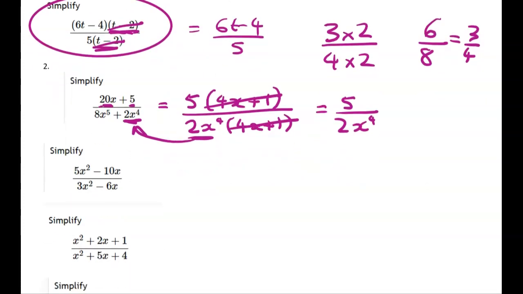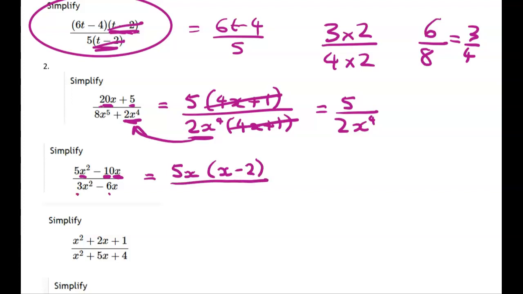In number 3, the highest common factor in the coefficient is 5. I've got x squared here and x here, so it's going to be 5x times x minus 2, right? So each time what I'm doing is I'm checking back with the numbers and then with the x's.